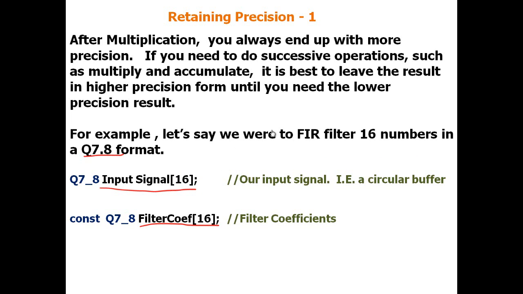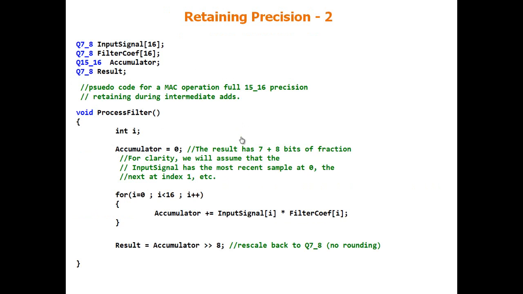So here's what we can do. In our pseudocode, here's our input signal, filter coefficient. I have an accumulator, and you noticed I put it in Q16.15 because we're going to do a multiply. We need higher precision, so this would be like a 32-bit number. So this retains the full precision in the intermediate computation.